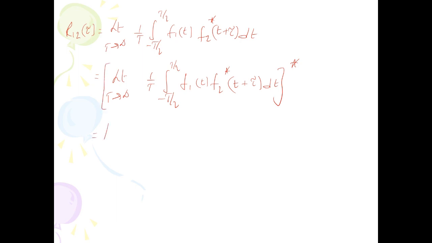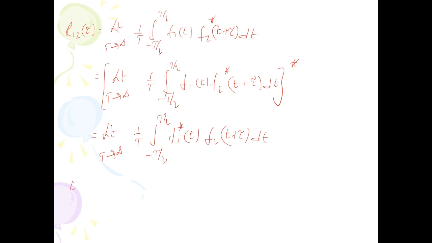This is equal to limit T tends to infinity 1 by T integral minus T by 2 to T by 2 f1 star of t and f2 of t plus tau dt.